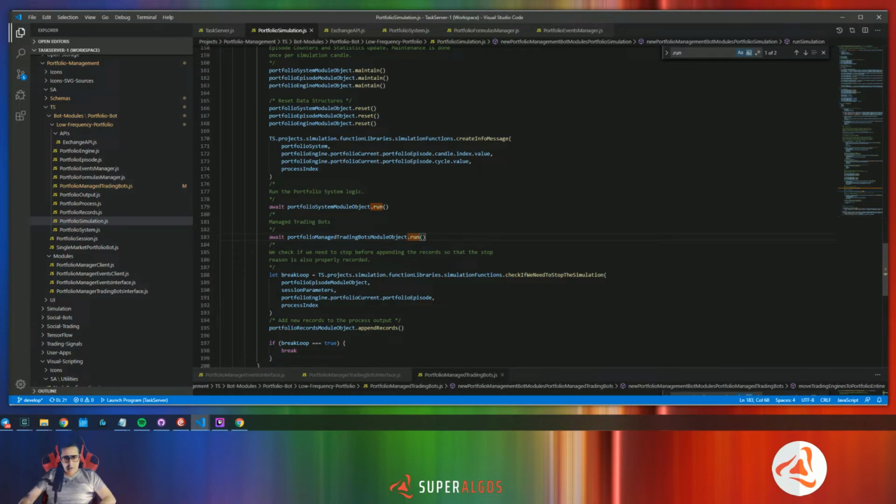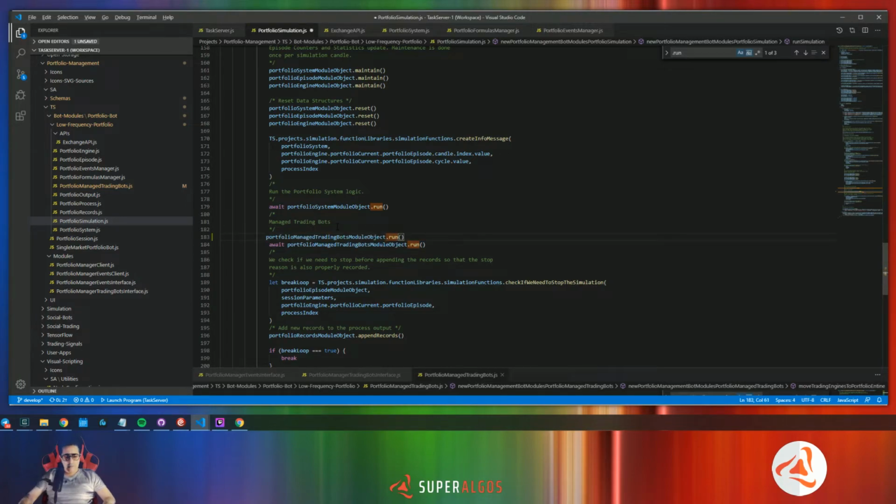Okay, we run this portfolio system, the money trading bots. First, we are going to run this new function.